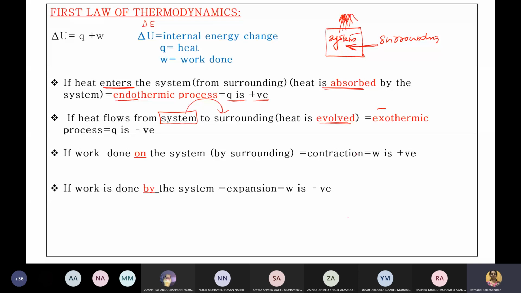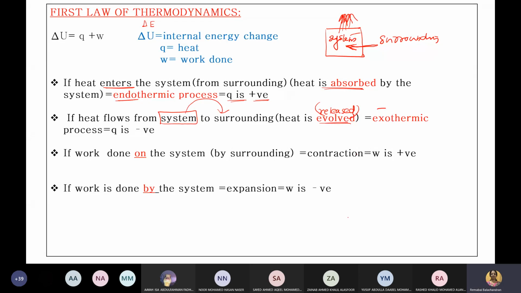So the process is exothermic and the Q value is negative. Don't forget: Q is positive when the process is endothermic, that means heat enters the system. And instead of evolved, there is another term called released. If heat is released, Q is negative and the process is exothermic.